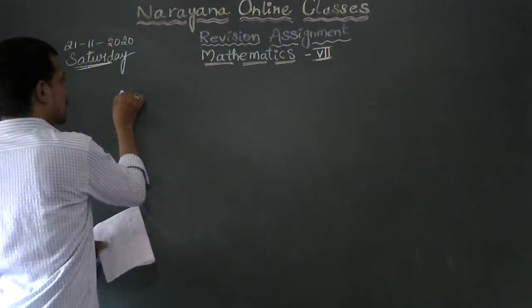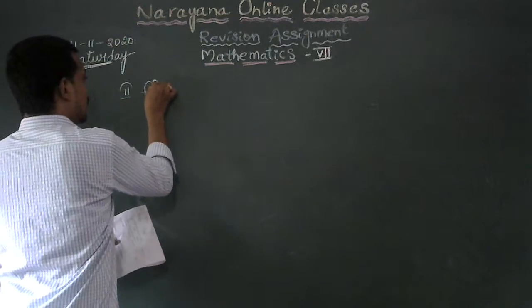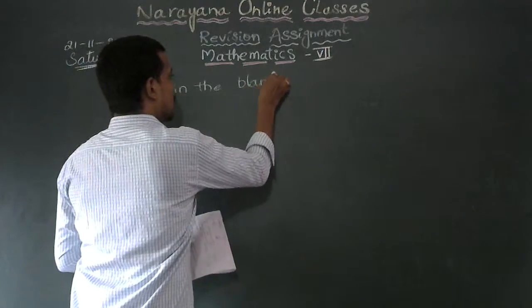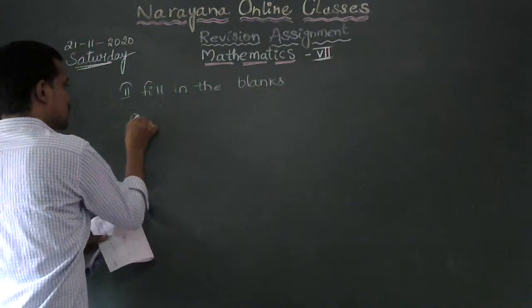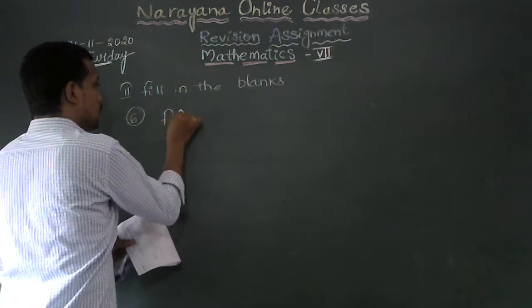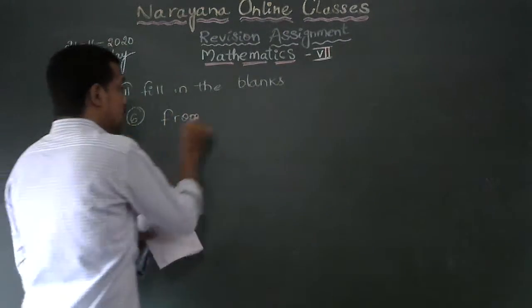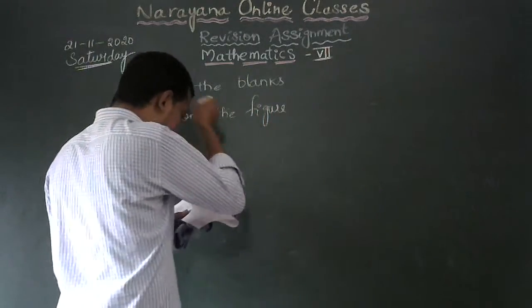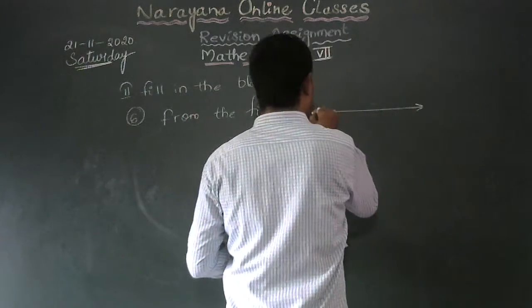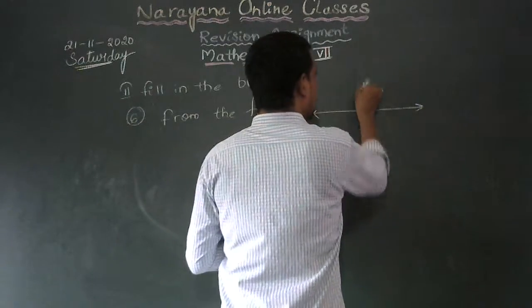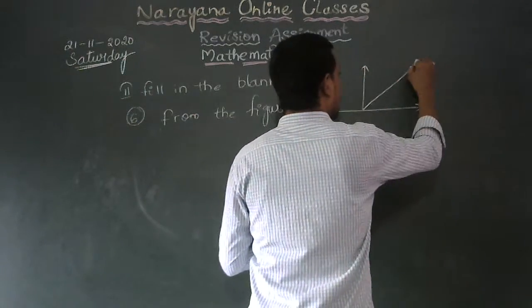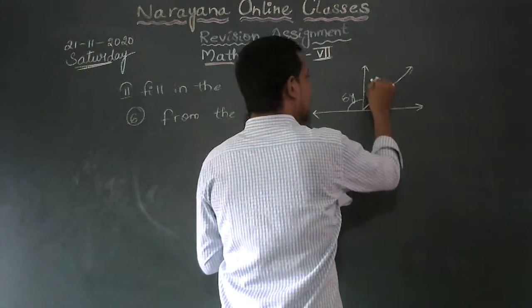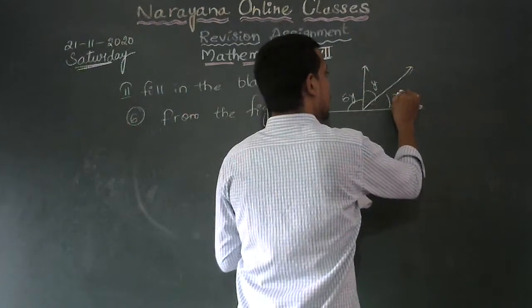So now fill in the blanks. Sixth one. From the figure, this angle is 6y, this angle is y, this angle is 2y.